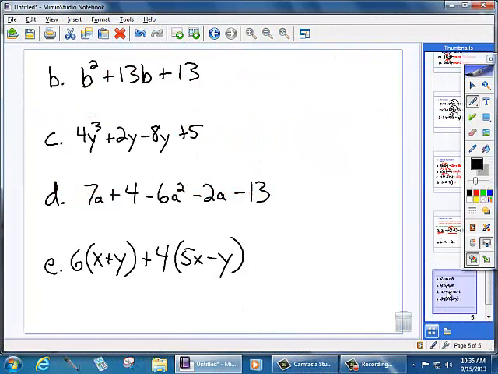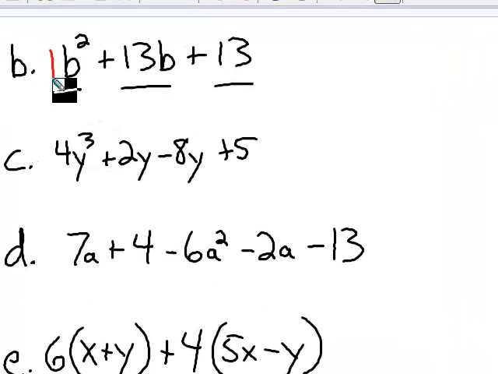Moving on here. I look at these terms. I have a b squared, I have a 13b, and a 13. Are any of those terms alike? No. The only thing that can be different is the coefficient. Well, the coefficient of the first term is 1, and the second term is 13.